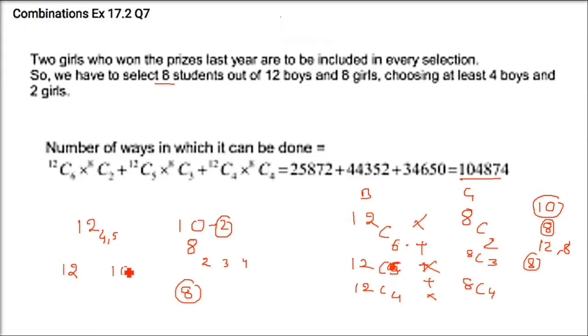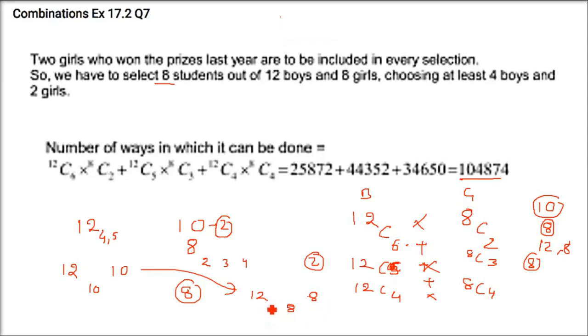Let me tell you, understand. 12 boys, 10 girls. You have to select 10. In 10 girls, 2 are already selected. So you have only 8 girls. So from 12 and 8, you have to select 8. Now, 2 are already included.